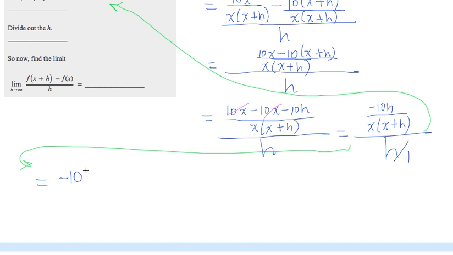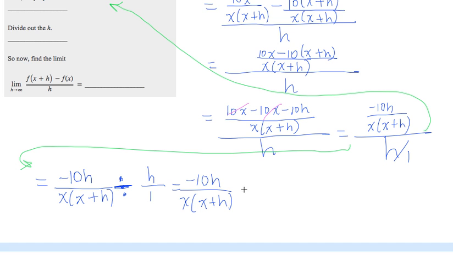So in the numerator, we have negative 10h over x times x plus h, and then we're dividing by h over 1. That's the traditional division bar right there, which is the same as multiplying by the reciprocal of the second fraction. So I'm going to write it as times 1 over h.